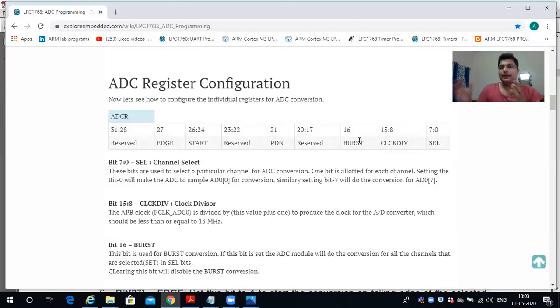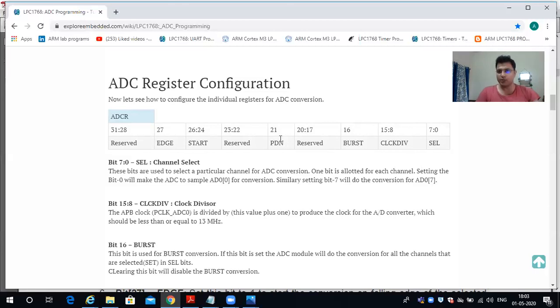To select the burst mode, we have to make the 16th bit 1. Then bits 17 to 20 are reserved, not for use. Already we have seen how to power up the ADC module by setting the 12th bit in the power configuration register.